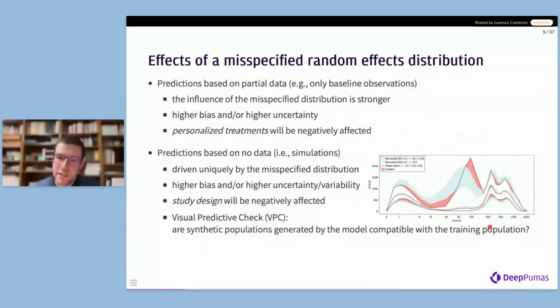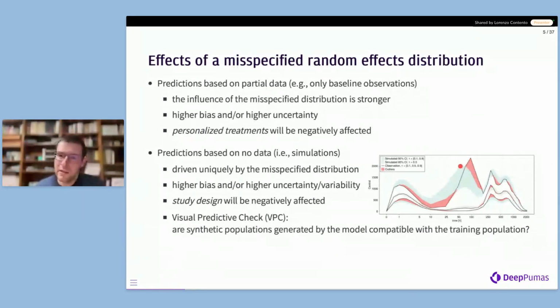And then we simulate, let's say, 1,000 synthetic populations. For each of these populations, we compute the same quantiles, and then use those quantiles to get uncertainty intervals for each of the quantiles. If the quantiles from the training dataset lie inside the confidence intervals, then everything is well.